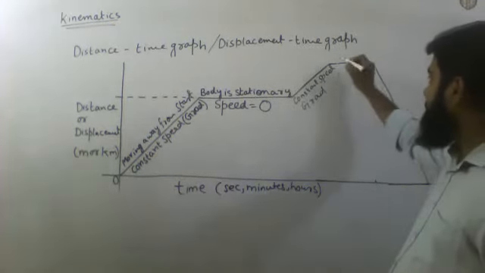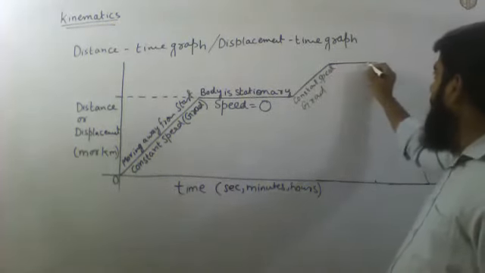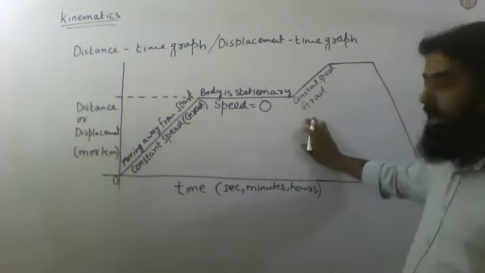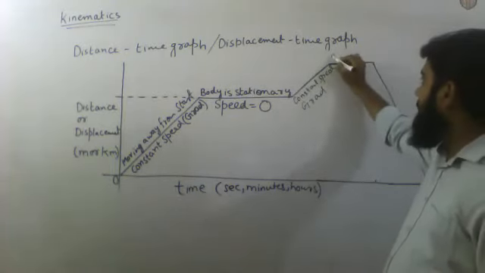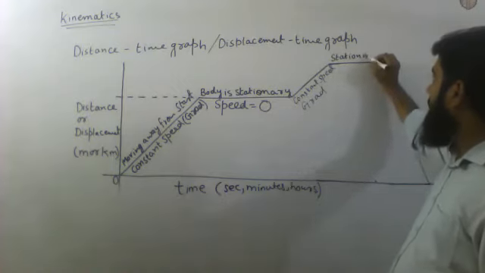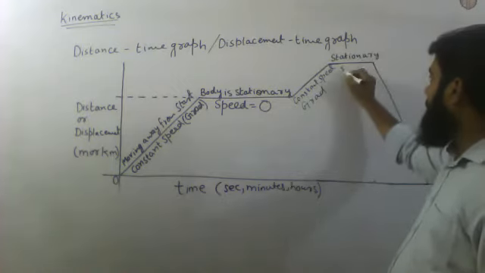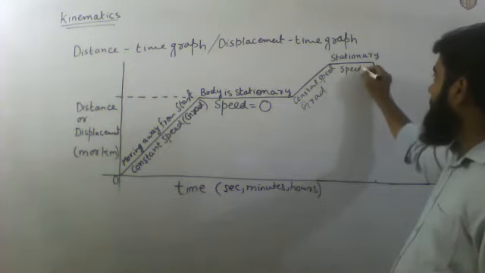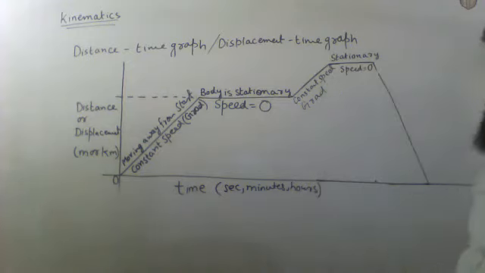Next, again a horizontal line in a distance-time graph means the body is stationary and speed is 0.